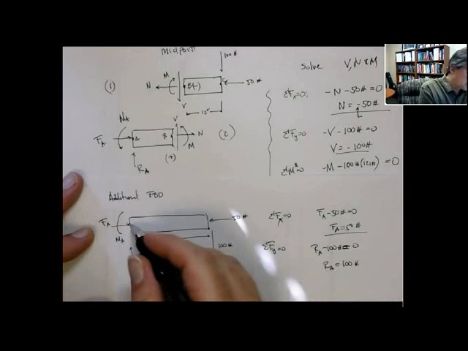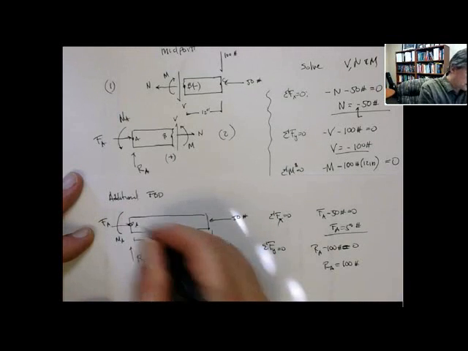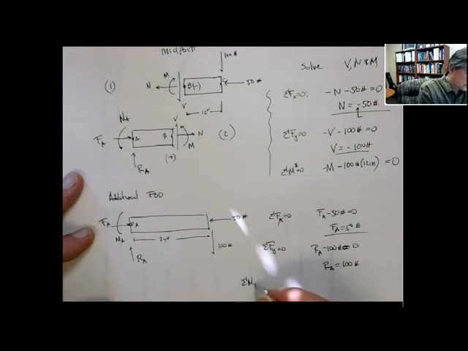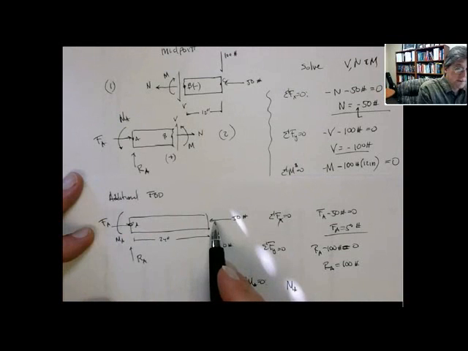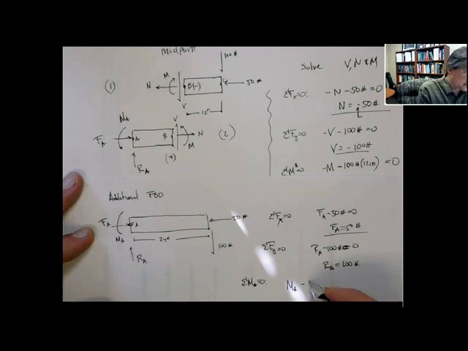And then we can do sum of moments around A equal to 0. These guys don't contribute any moment. Neither does the 50, by the same logic as before. But the 100 does give us a moment. It's a negative moment, and its moment arm is 24. So it's minus 24 inches times 100 pounds equals 0.